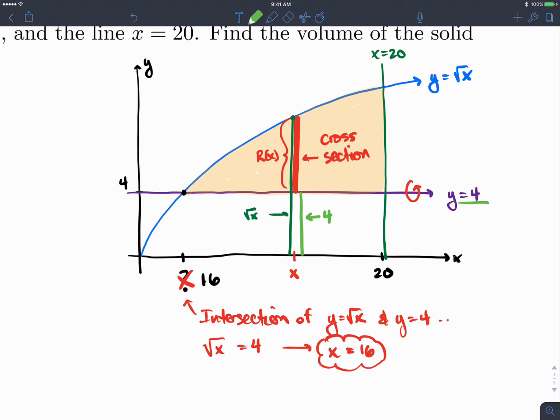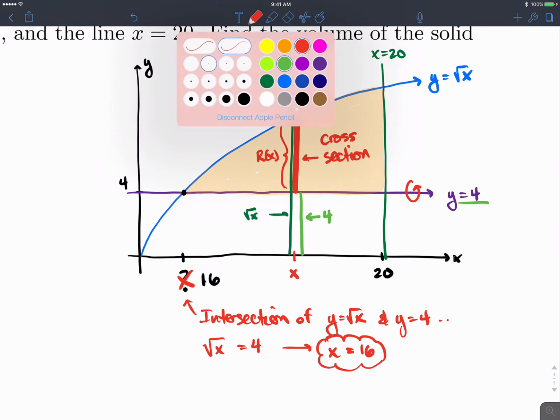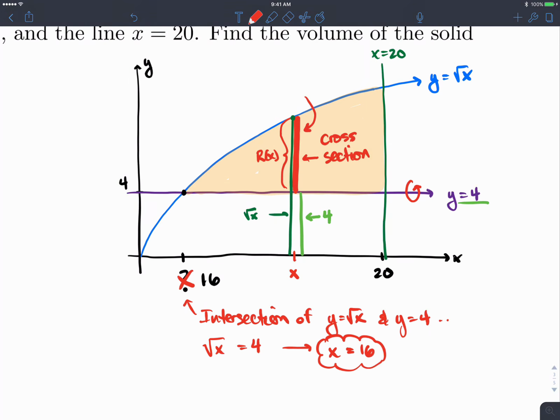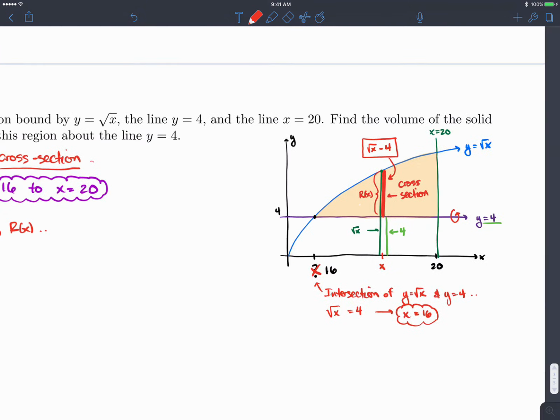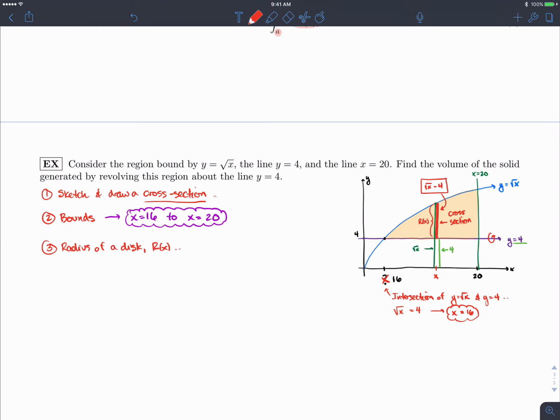And what remains is the cross section that we're actually after. So that actual cross section is the square root of x minus 4. Sometimes we have to do this, especially if we're moving our axis of rotation around. All right, so now we can make note of this piece of information, that our radius is going to be the square root of x minus 4.